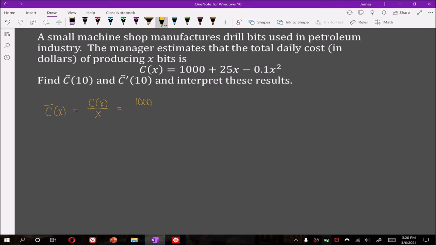That would be 1,000 plus 25X minus 0.1 X squared divided by X. 1,000 over X plus 25 minus 0.1 X. Now C bar prime would be negative 1,000 over X squared minus 0.1.